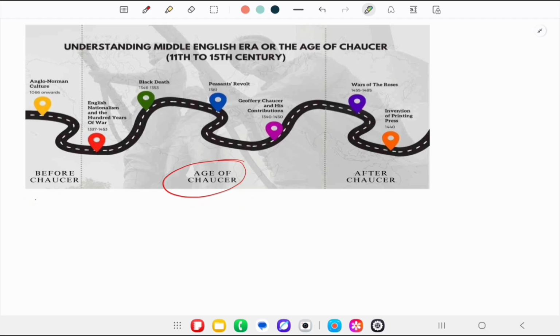To some extent, this assimilation brought a sense of oneness and collective identity.